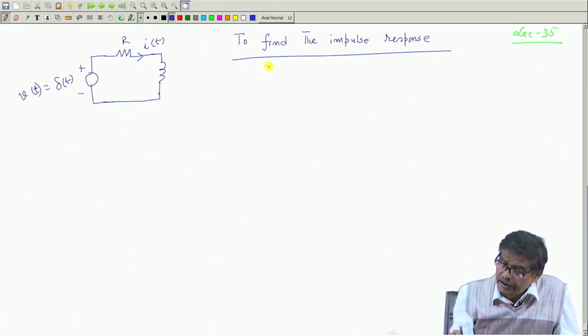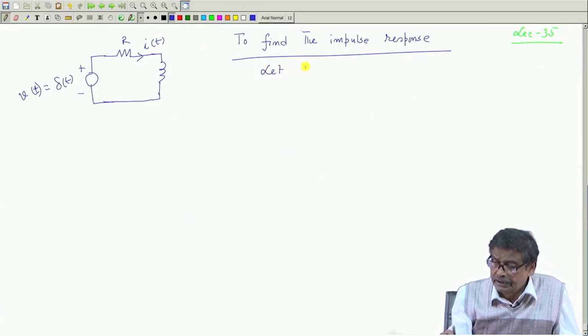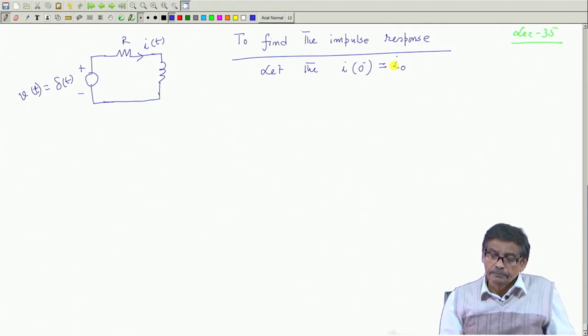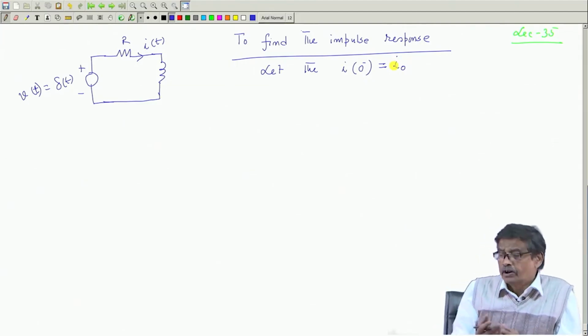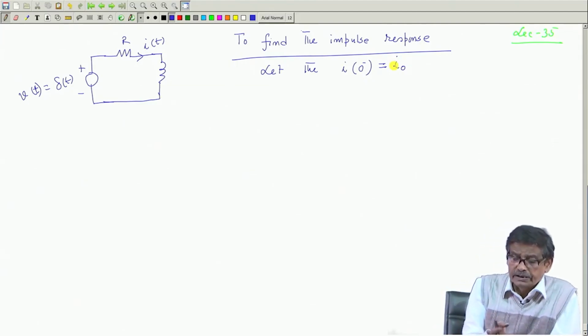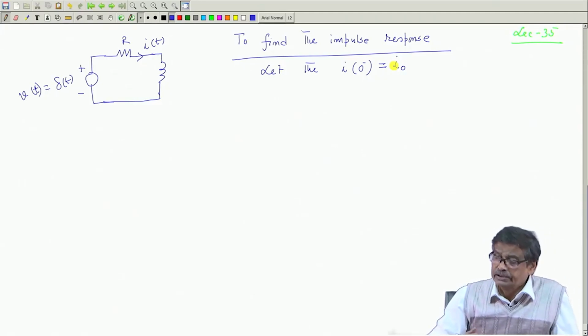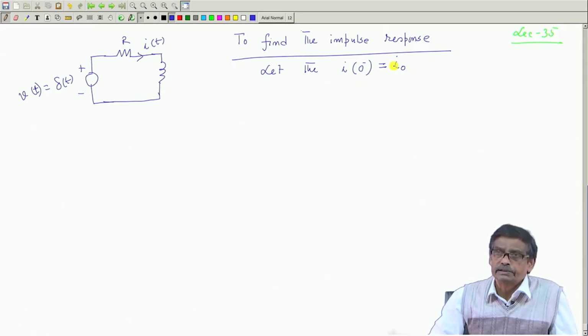And suppose the initial current in the inductor was some value I0. So far, we considered excitations to be reasonable functions, and I told you I0 plus will be equal to I0 minus.